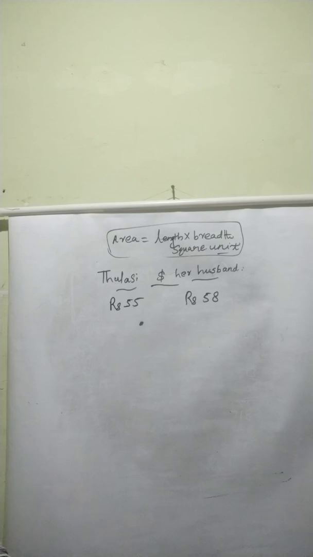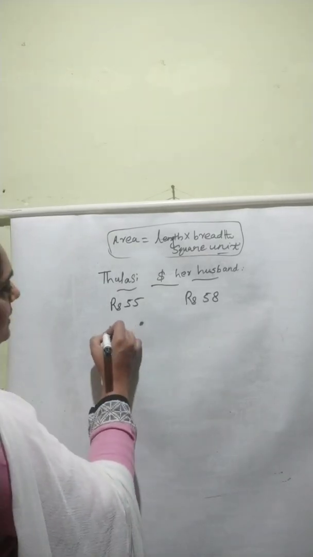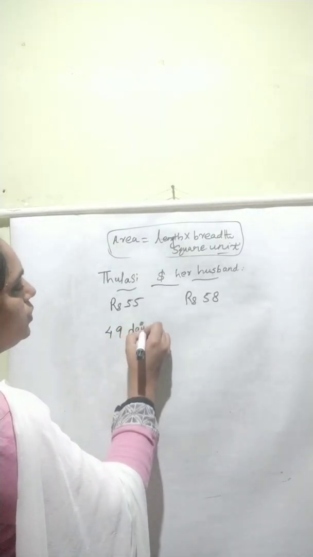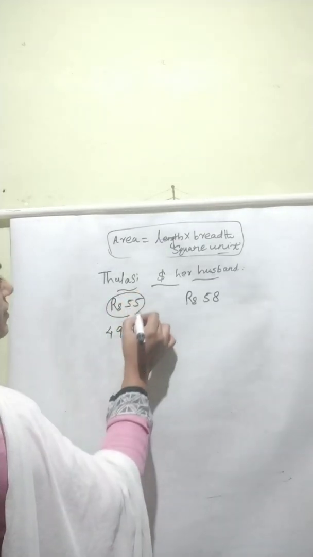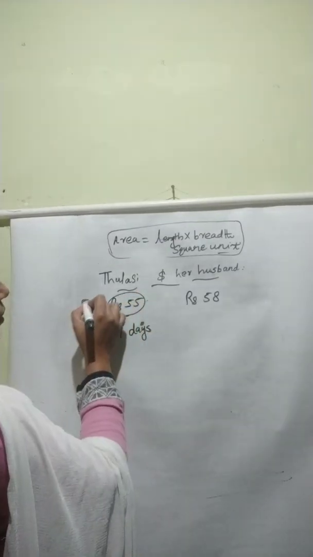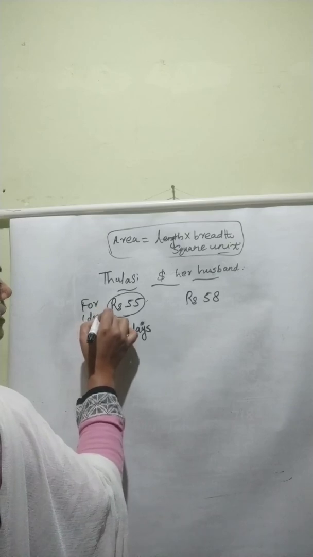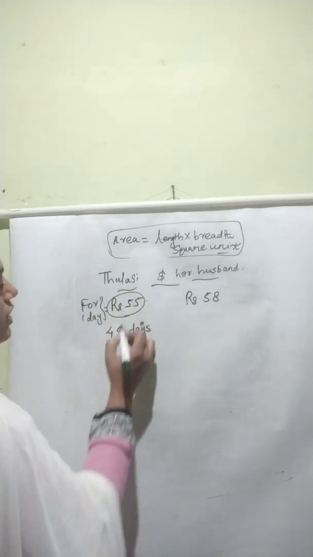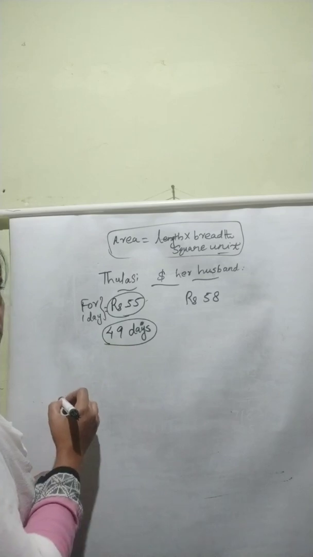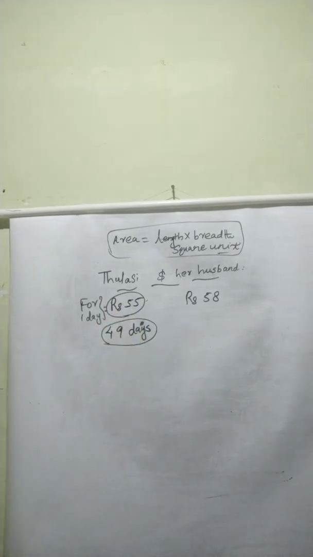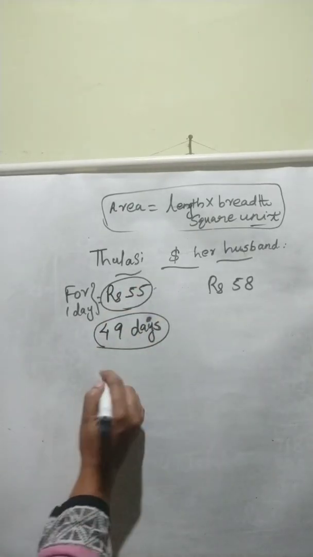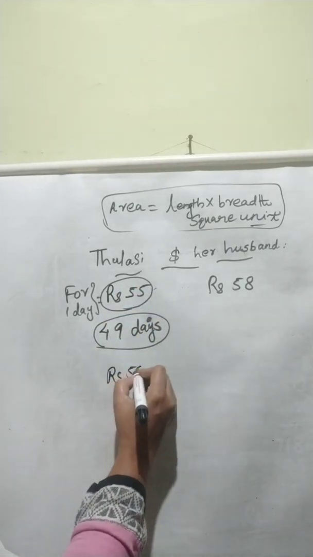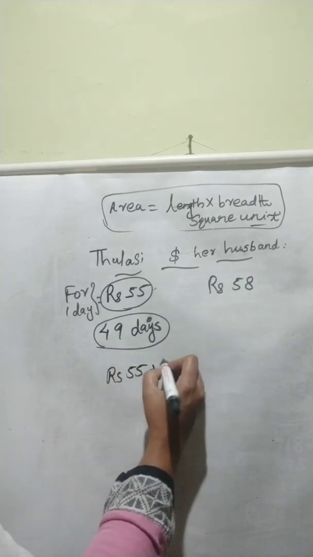So the question is, if Tulasi works for 49 days, then how much money does she get? So we know that it is rupees 55 for 1 day. But she worked for 49 days. So how can we find the total salary of Tulasi? We have to multiply these two. That means rupees 55 he needs to pay for 49 days.